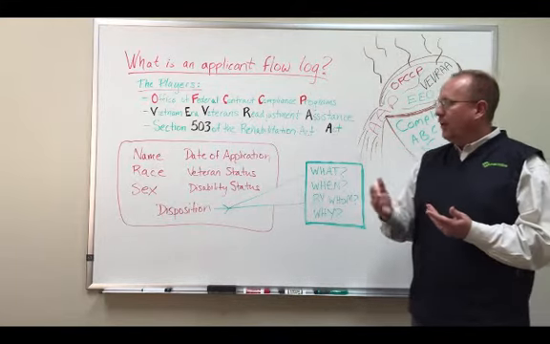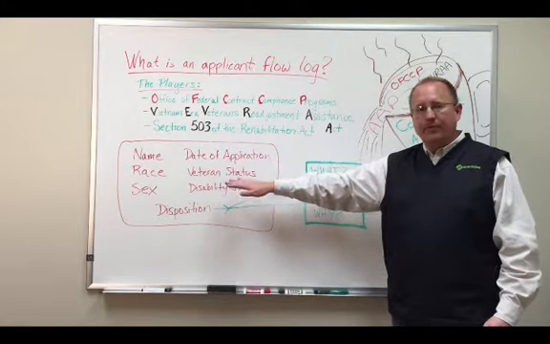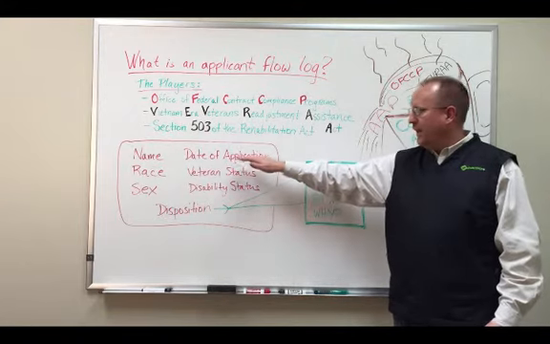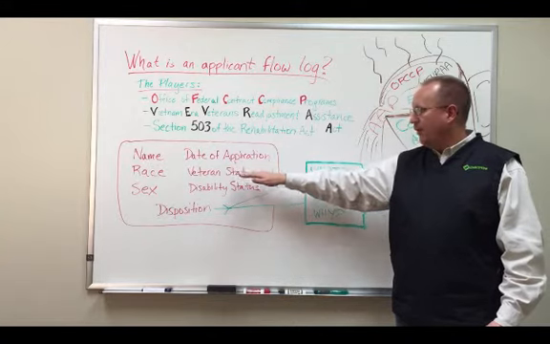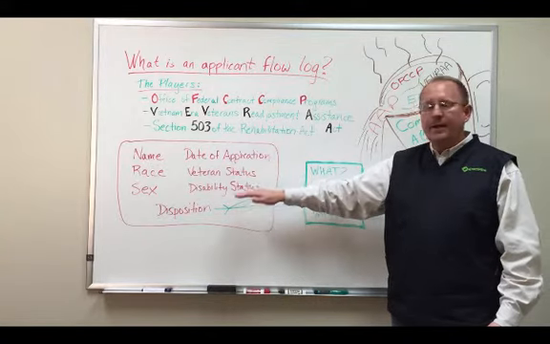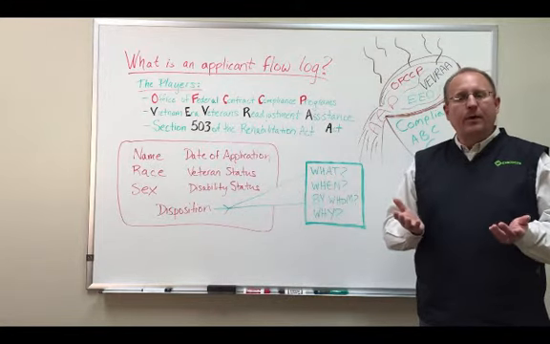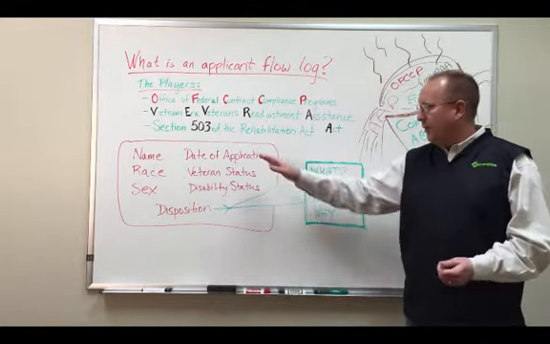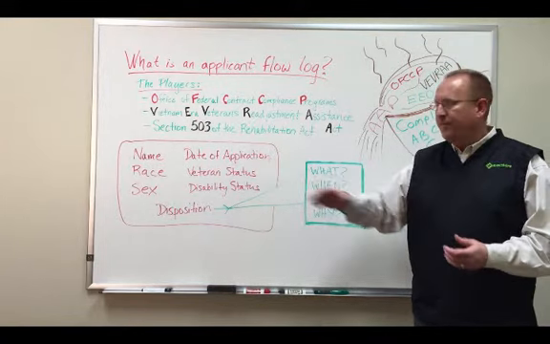And so what an applicant flow log will track per job are these items here. So the name of each candidate, the date that they applied, their race, their gender, veteran status, disability status, and then disposition. And there could be a couple of other things here and there that your administrator may request, but these are typically the core things that have to be there for any applicant flow log report.